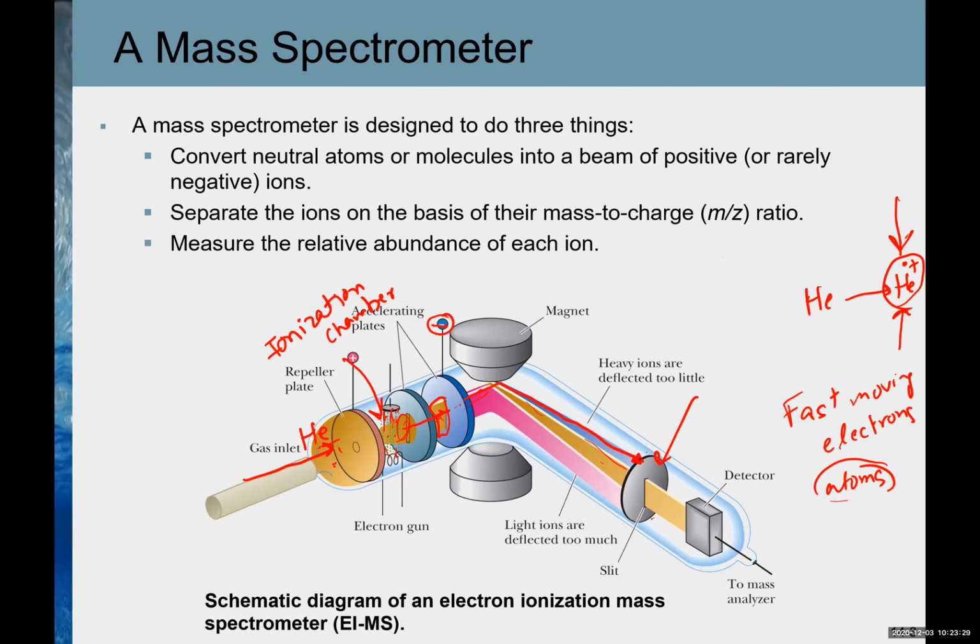So heavy atoms are detected on top of the detector, while the lighter ions, when they come under the magnetic field, will be pushed more. The smaller the mass, the more the bend, and the lightest one will be detected at the bottom of the detector.